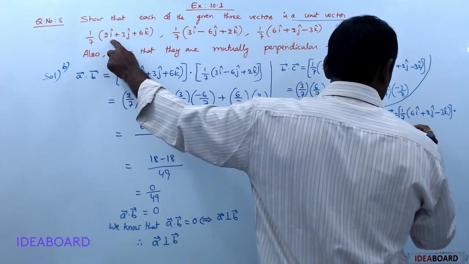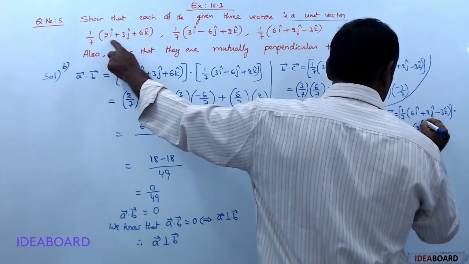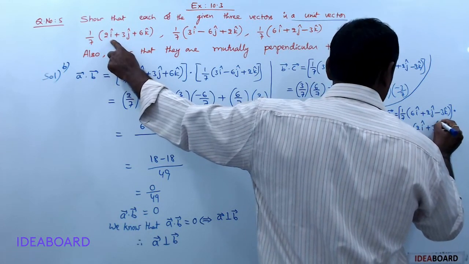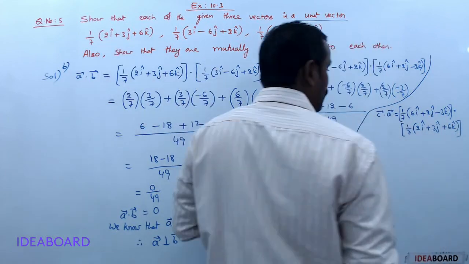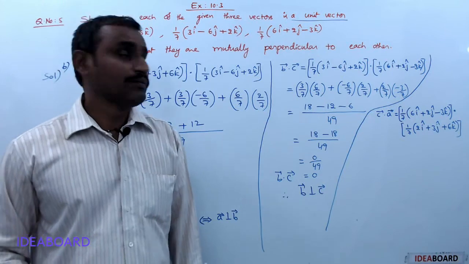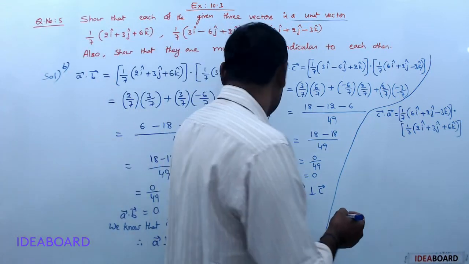That is 1 by 7 of 2i cap plus 3j cap plus 6k cap. So now multiply these two vectors like A bar and B bar, and B bar and C bar, and you will get the result for this also.